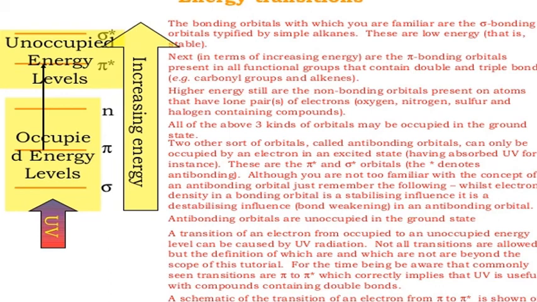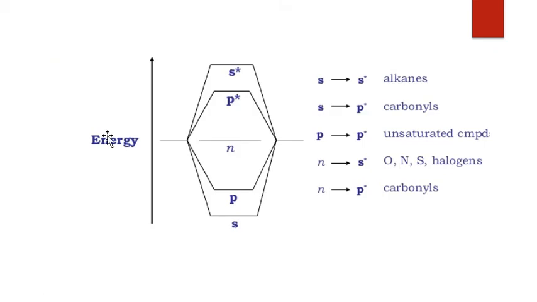Here, sigma and pi are the bonding energy levels, and n is showing the non-bonding energy levels, and these are anti-bonding energy levels: sigma star is the anti-bonding energy level to sigma, and pi star is the anti-bonding energy level to pi.